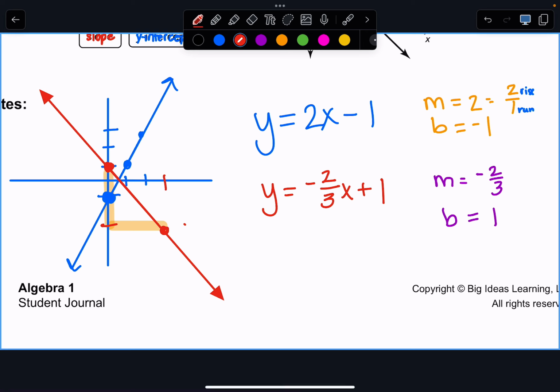What point did I plot first? The y-intercept. The y-intercept we plot first. And then we counted the slope.